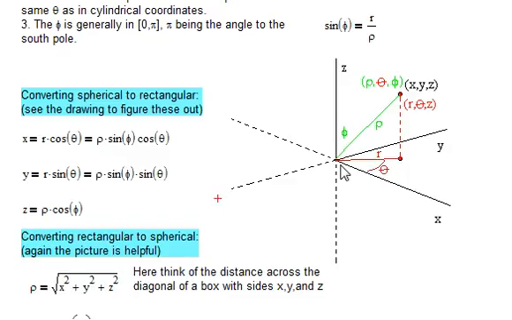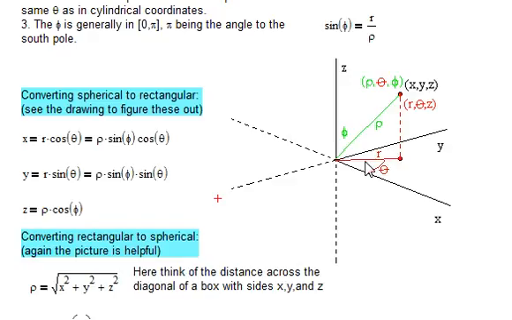And the z, how about the z? That's this length right here. Well, sine of our angle, pi over 2 minus phi, is this angle right in here, and sine of that is our z over our rho.